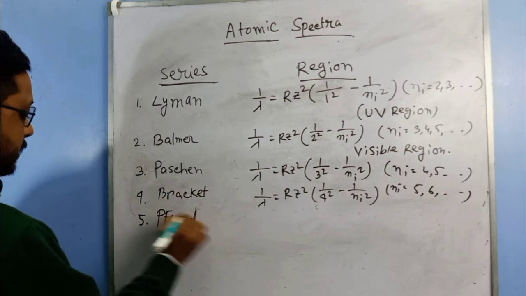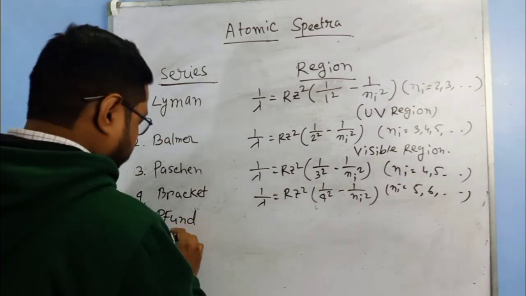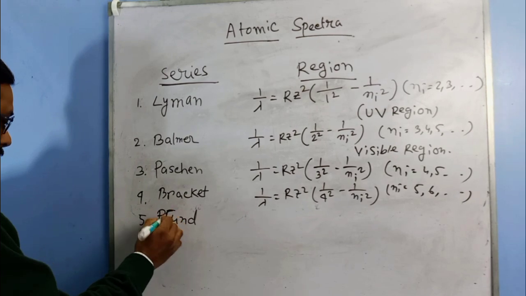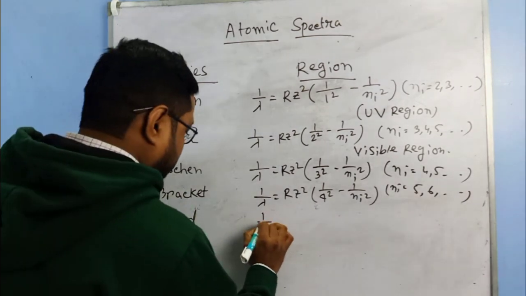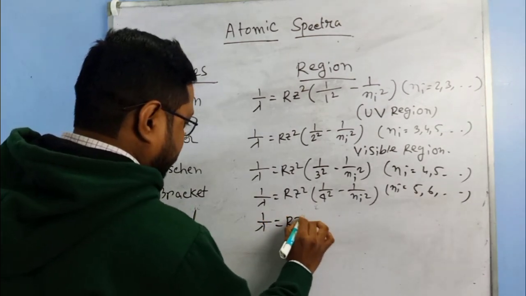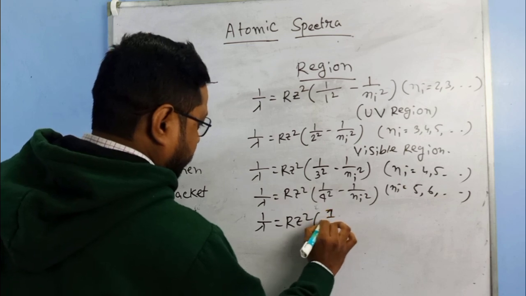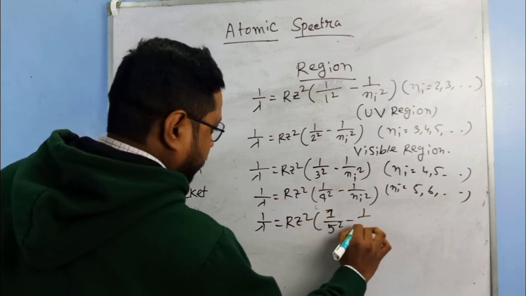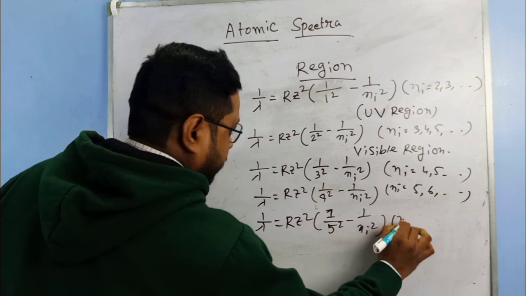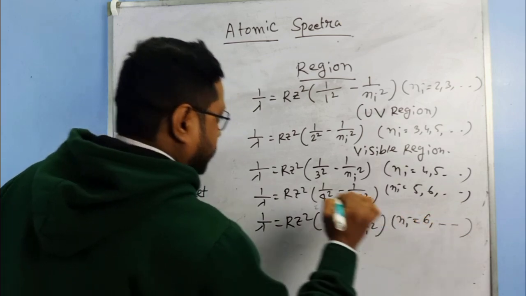P is silent, Pfund we can write, but we pronounce it as Pfund. 1 by lambda equal to R Z square, 1 by 5 square minus 1 by n_i square. n_i comes from 6 and so on.